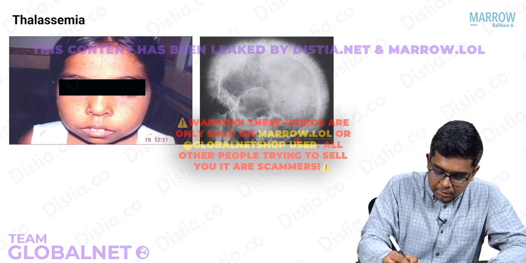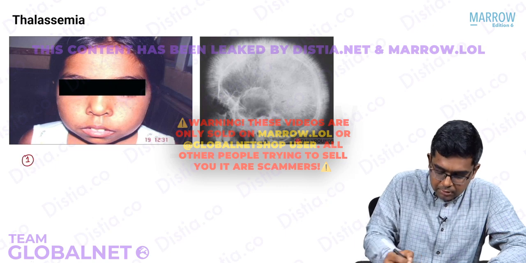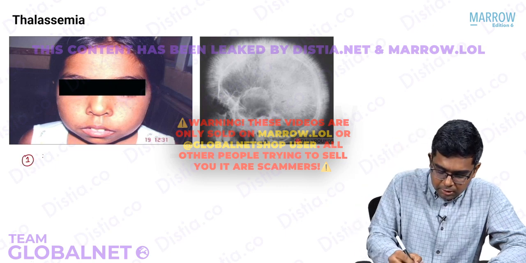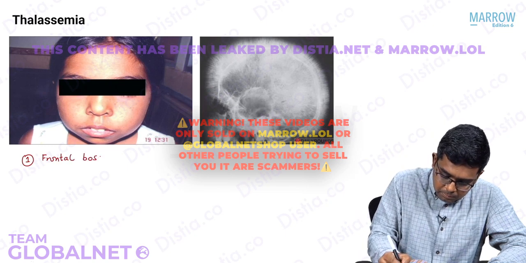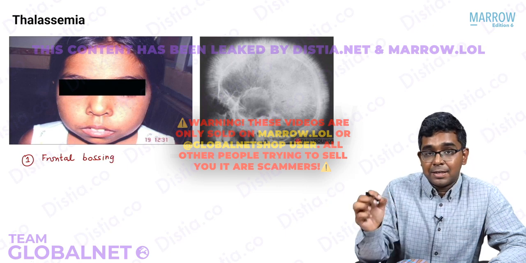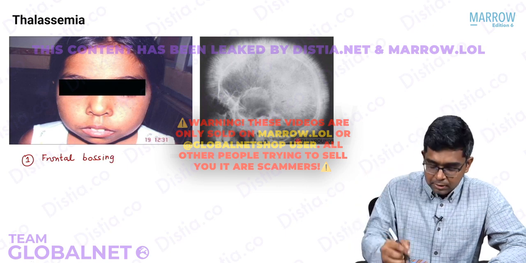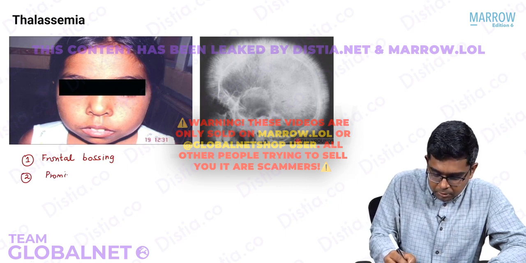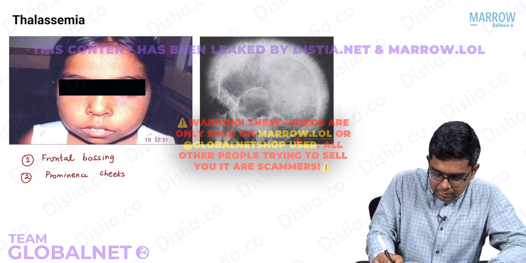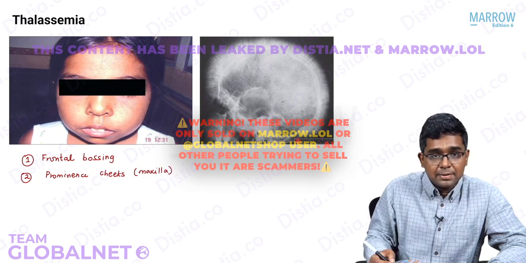For example, number 1, you can see that the forehead is very broad, or there is frontal bossing, because of the expansion of the bone marrow as it is taking part in hematopoiesis. Number 2, there is prominence of the cheeks due to the maxillary bone expansion due to involvement of the maxilla.